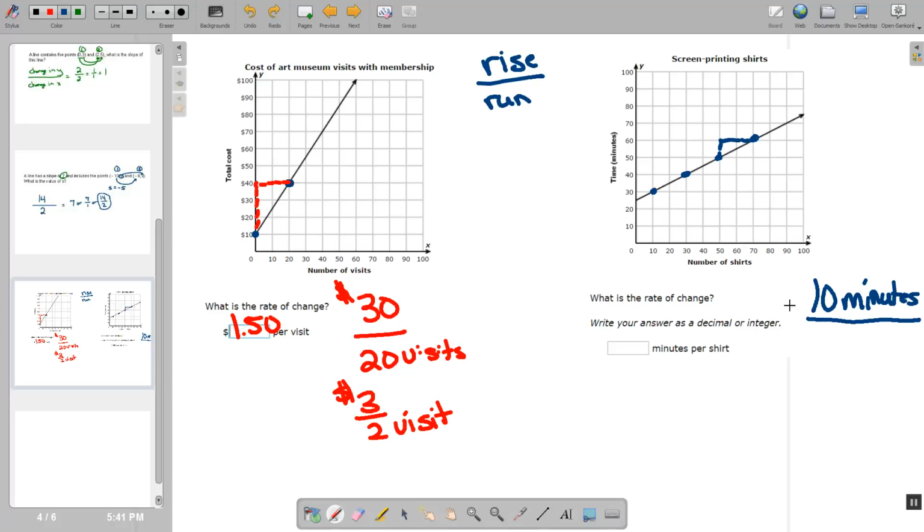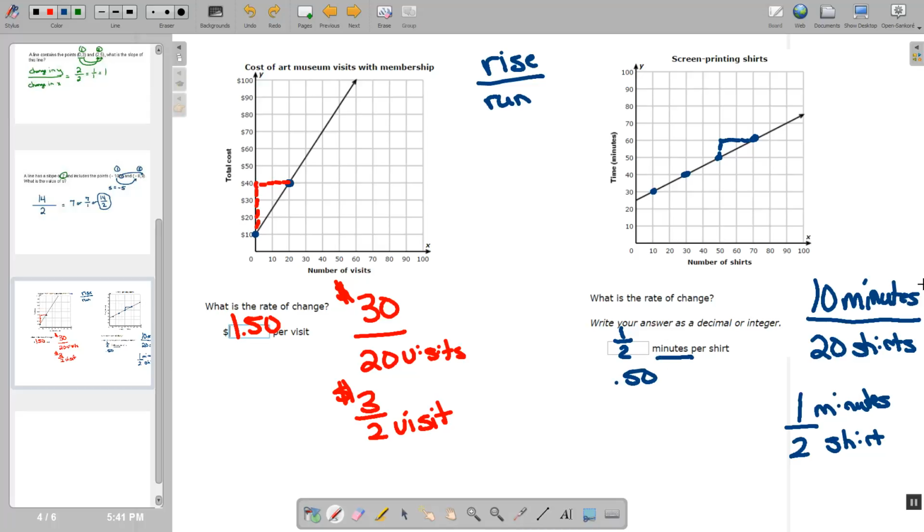So that's 20 shirts. So that ends up getting 1/2, so that's minutes per shirt, which would be half of a minute, which would end up being 30 seconds actually, if we were trying to figure this out in seconds, but it wanted minutes for this one.